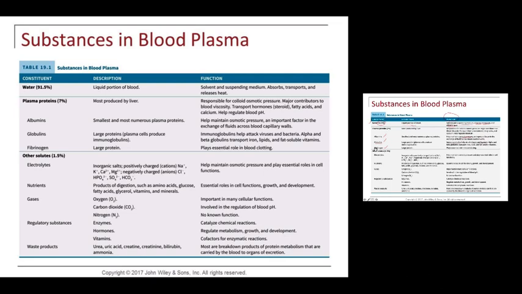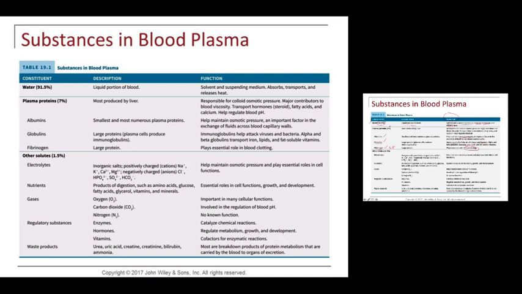And then we have fibrinogen, which is a pretty large protein, and it's involved in blood clotting. When we think of clotting, I want you to think of calcium coming into play. Calcium is involved in clotting, and I also want you to think about vitamin K, also important for blood clotting.